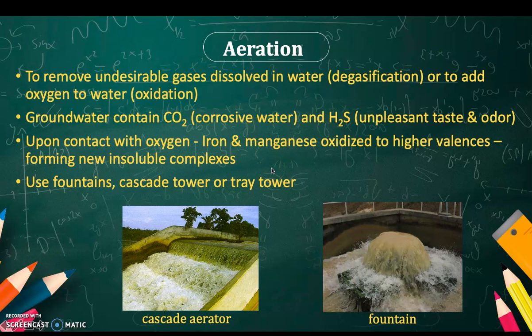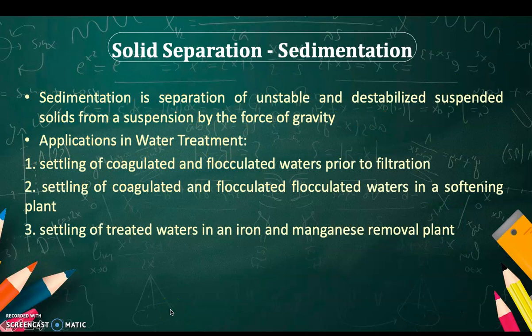When in contact with oxygen, because in aeration you put in air that contains oxygen, iron and manganese oxidize to a higher valence, forming new insoluble complexes. We use a cascade tower or tray tower. This is an example of fountains and a cascade aerator. And then we go to the solid.